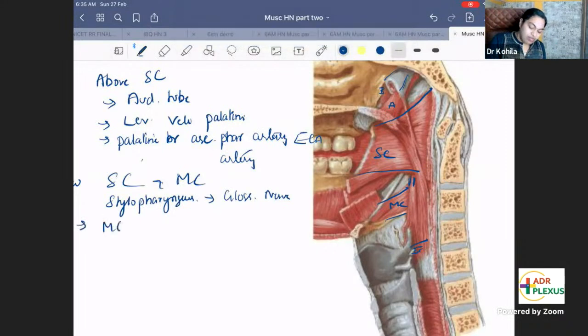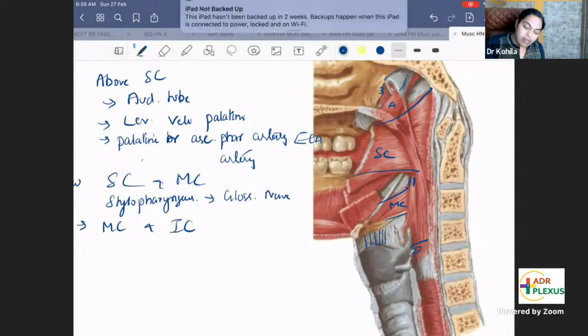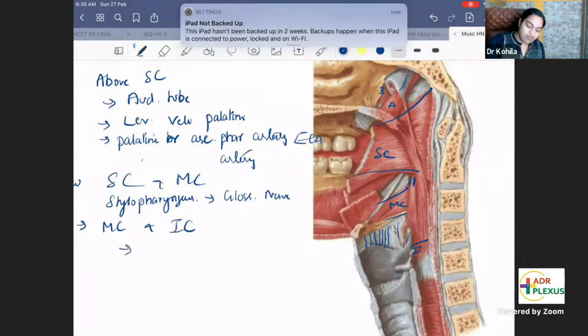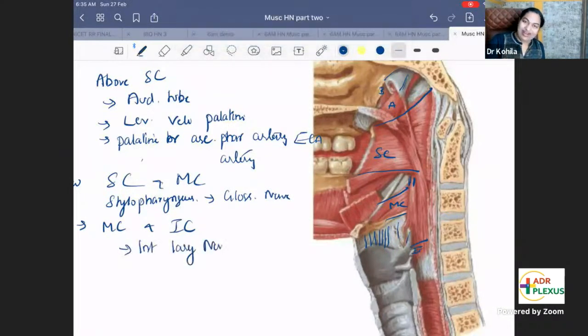Next, between middle constrictor and inferior constrictor, you get to see the thyrohyoid membrane. The thyrohyoid membrane is pierced by the internal laryngeal nerve and superior laryngeal vessels.